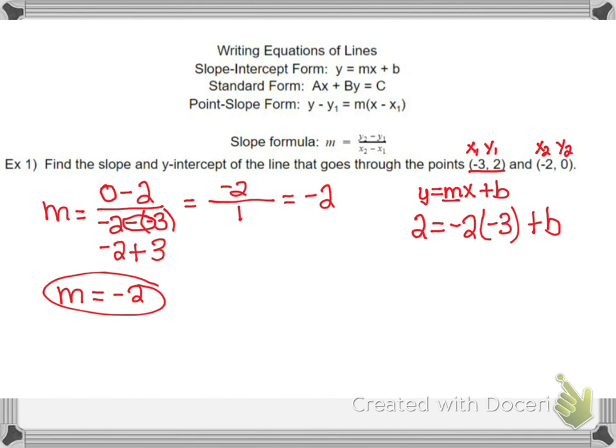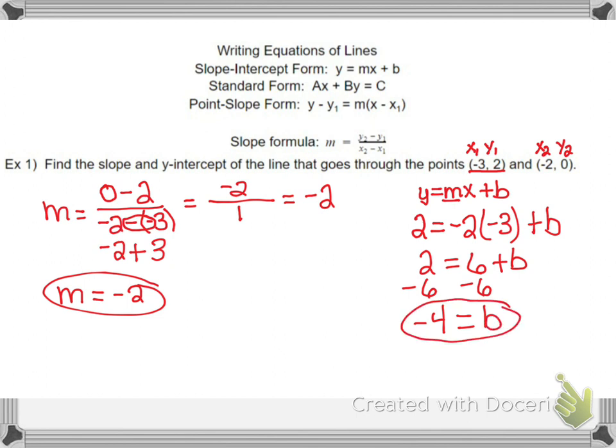So we're just going to simplify this equation. First, multiply -2 times -3, and you get a +6. Then to get the b by itself, you need to subtract 6 from both sides, and you get -4 is equal to b. So our slope is -2, and our y-intercept is -4.